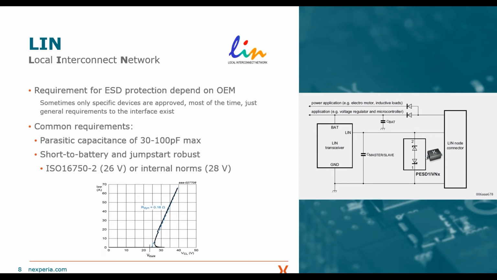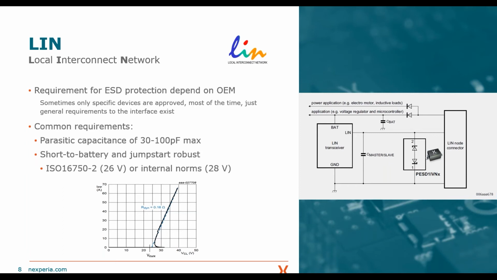Due to the fact that LIN is operating in a kind of very rough environment and is working with the battery voltage, there are some other general requirements to be considered, and these are the short battery and jump start requirements.